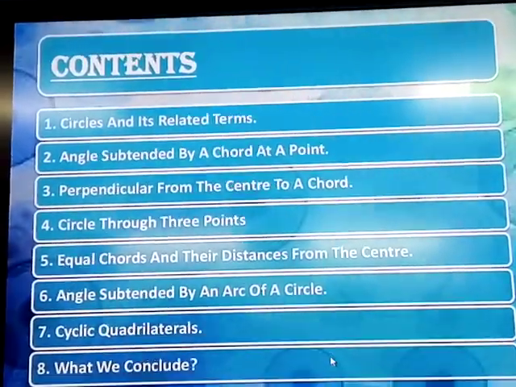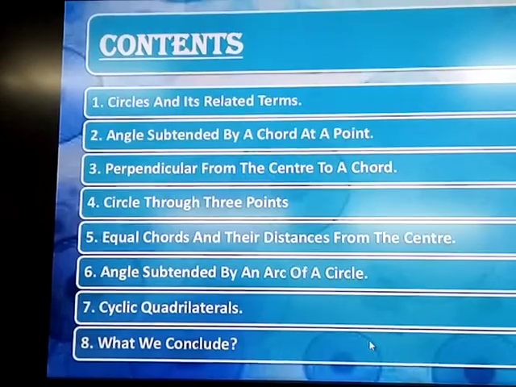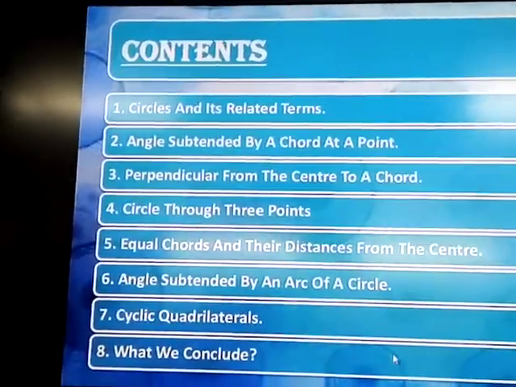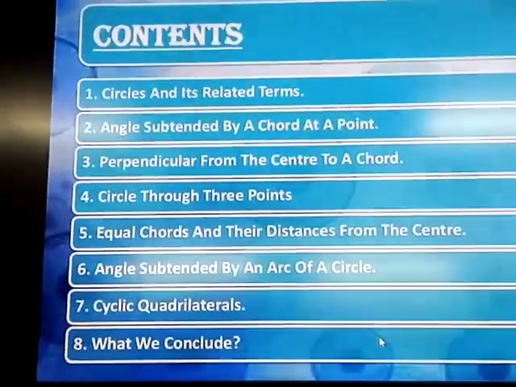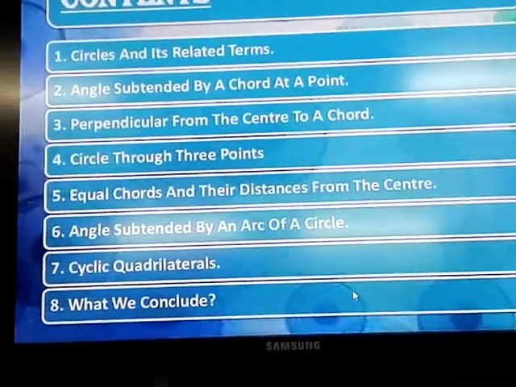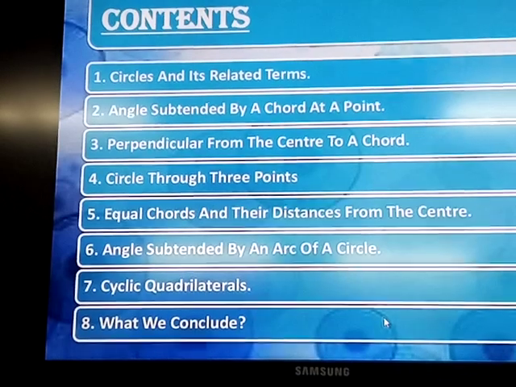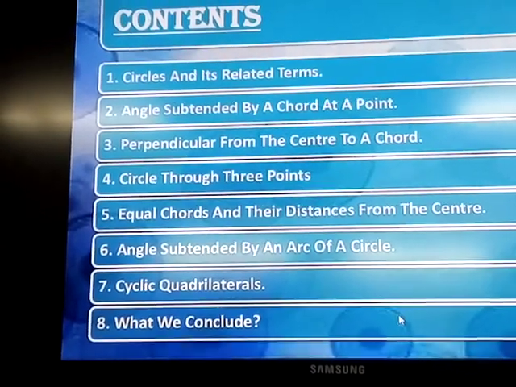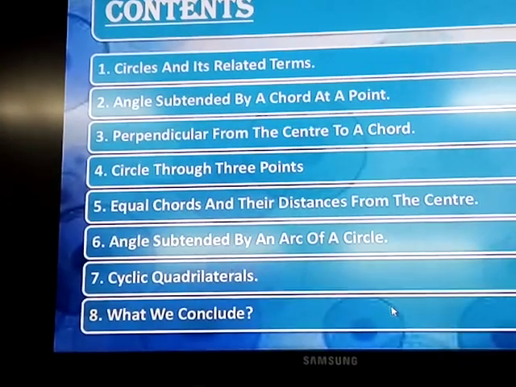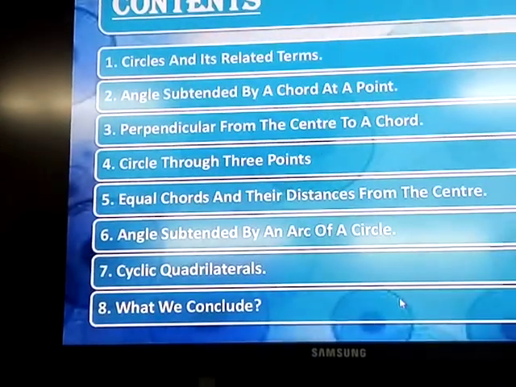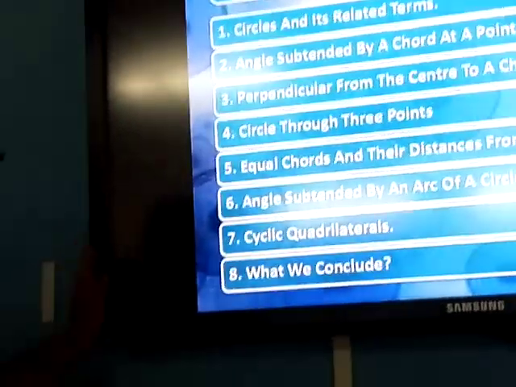Third, perpendicular from the center to a chord. Fourth, circles through three points. Fifth, equal chords and their distance from the center. Sixth, angles subtended by an arc of a circle. Seventh, cyclic quadrilaterals.